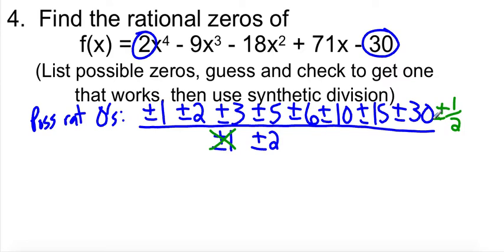2 divided by 2, that's 1. We already have that. 3 divided by 2 is 3/2. I have to add that to my list. 5 divided by 2 is 5/2. 6 divided by 2 is 3. We already have that number. 10 divided by 2 is 5. We already have it. 15 divided by 2, we need to add that one.